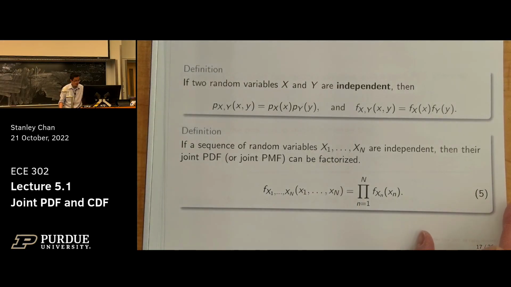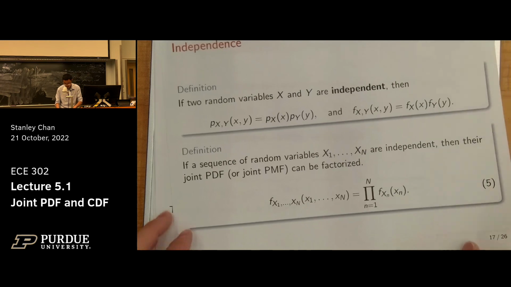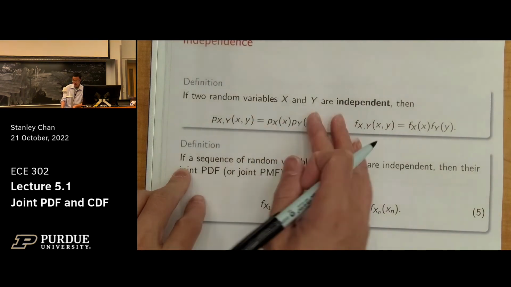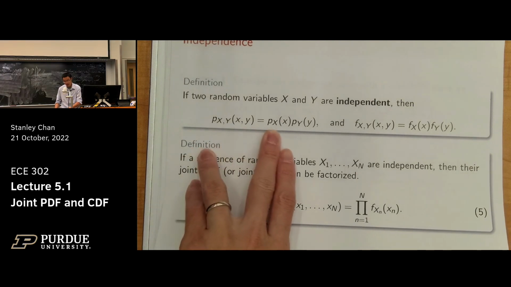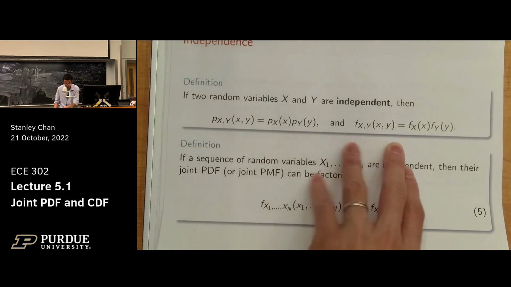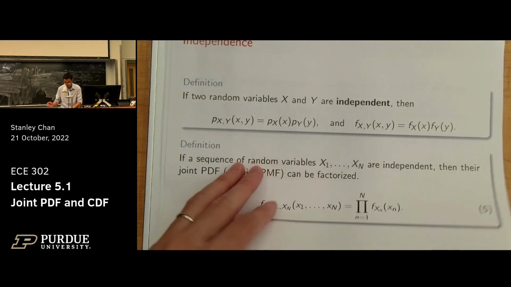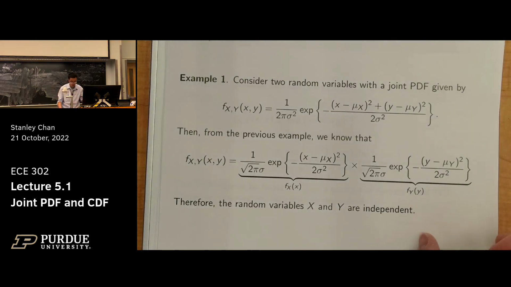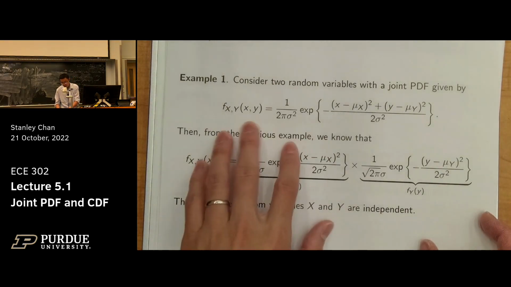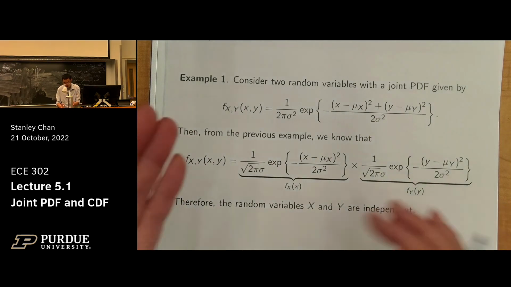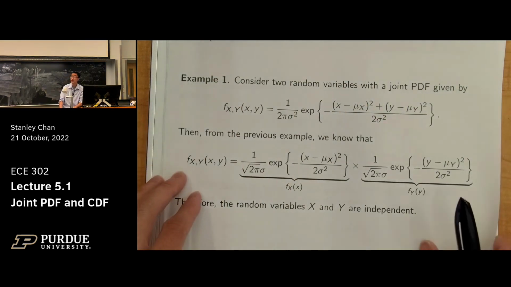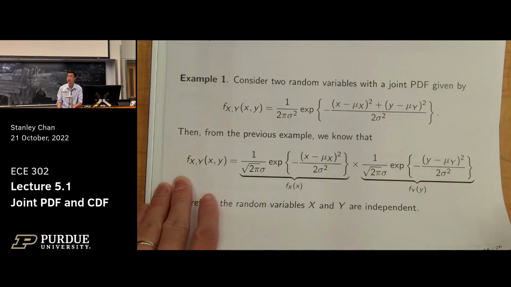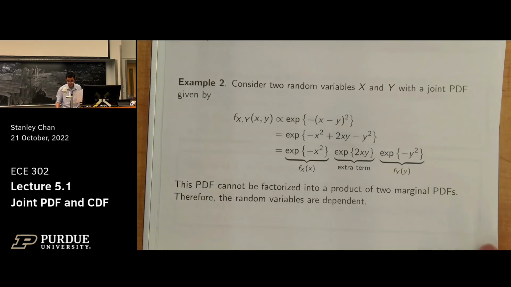All right, so lastly, independence. If you have two random variables that are independent, then the joint PDF can be factorized. The joint PMF can be factorized, just as what we have seen before. So if you look at this example, you have the joint PDF, a joint Gaussian. Since I can write it as the product of two individual Gaussians, that means the two random variables are independent.